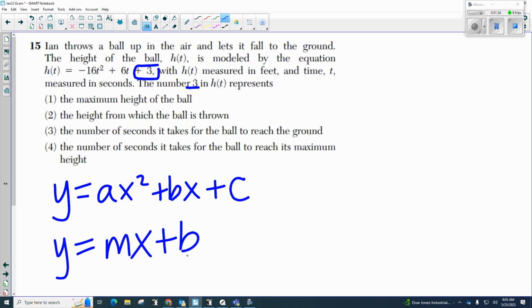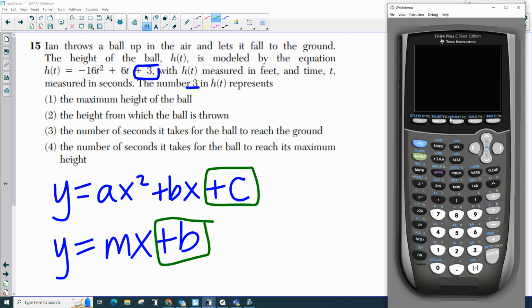You may not talk about that as much as y equals mx plus b, but what we do know is that this number is the y-intercept in a linear equation, and it's similar in a quadratic. This number right here is also the y-intercept. So if that helps you, know that you're looking for the y-intercept.